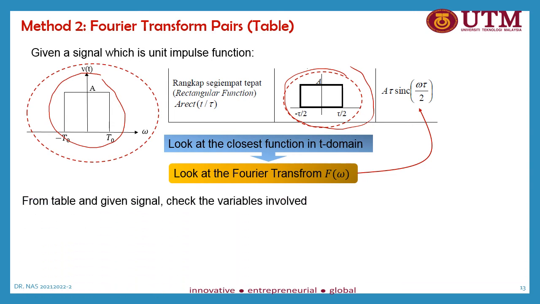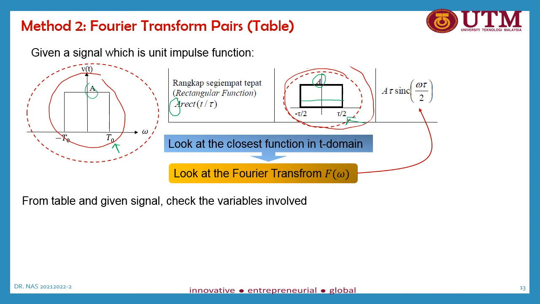By comparing the given signal and the signal in the table, you need to properly define the variables involved. For example, the magnitude here is A, and the same goes to here, so the magnitude is A. But if you look at the duration, here it is t0 and minus t0, but here it is tau over 2 and minus tau over 2.